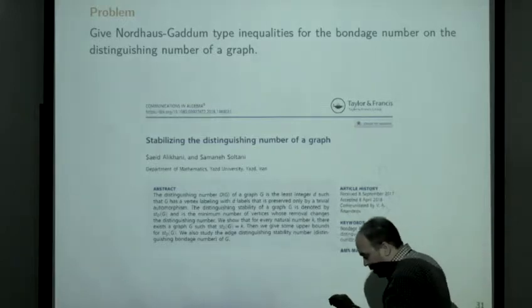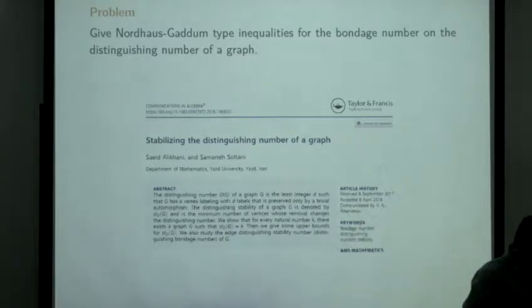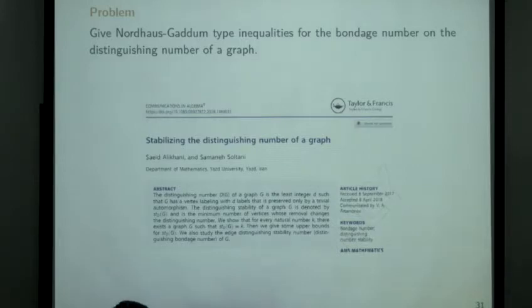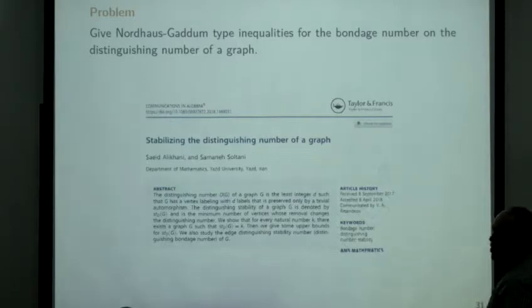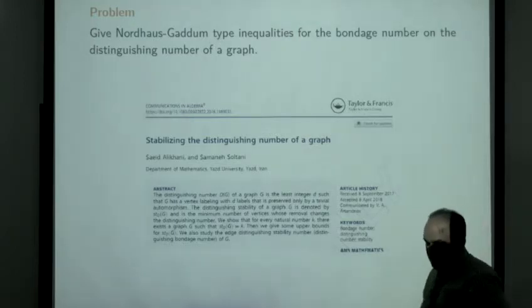The minimum number of vertices that should be removed is the distinguishing stability of a graph. We can have this for the distinguishing index, and also for edges, which we call the bondage number. And this is our problem: give Nordhaus-Gaddum type inequalities for the bondage number of the distinguishing number of a graph.